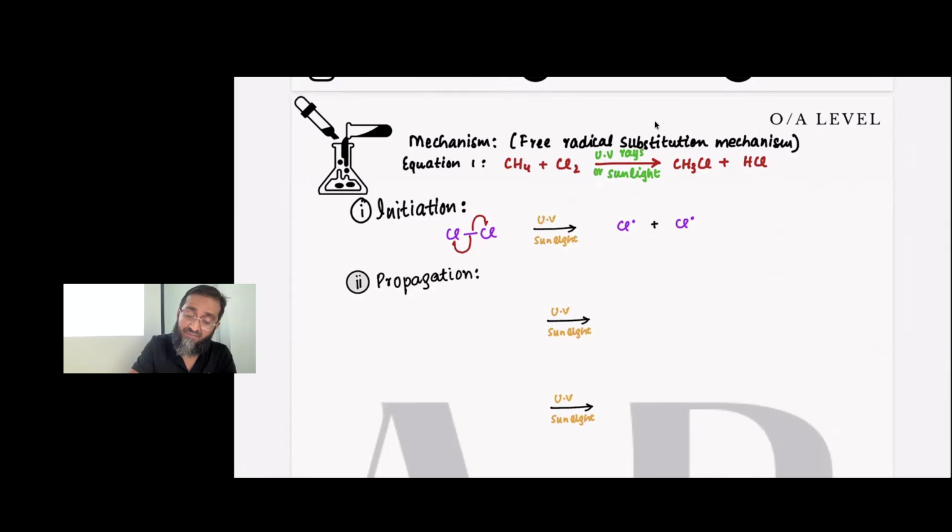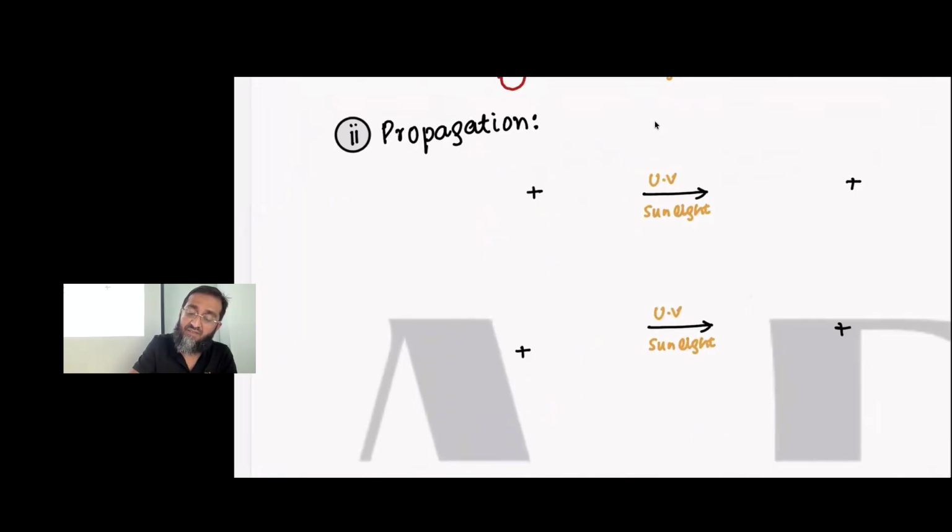In the first stage, let's see what happens. The chlorine radical interacts with methane. In the initiation, the bond of the chlorine is broken down. Over here, in this propagation step, the carbon-hydrogen bond is broken down homolytically again.